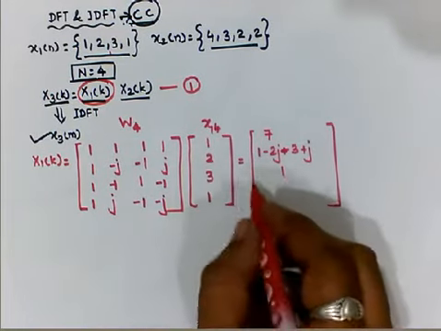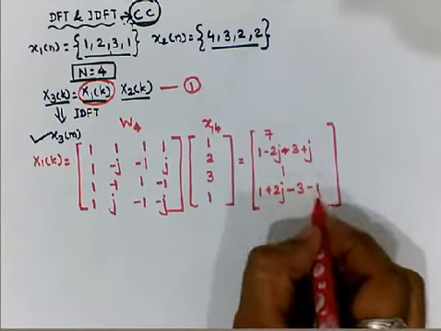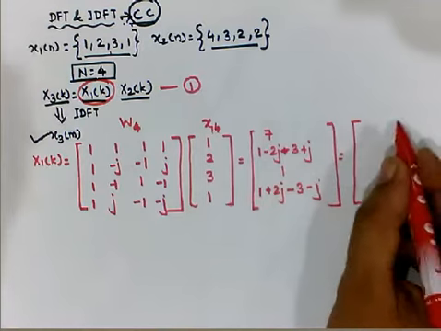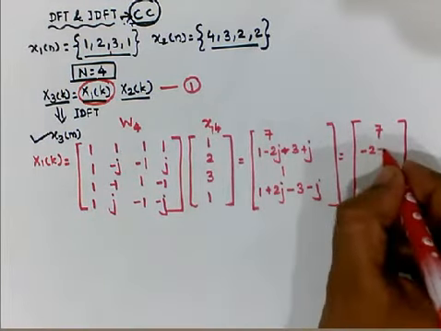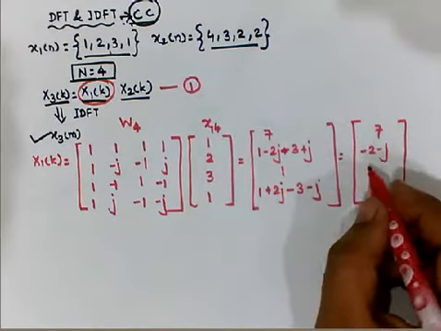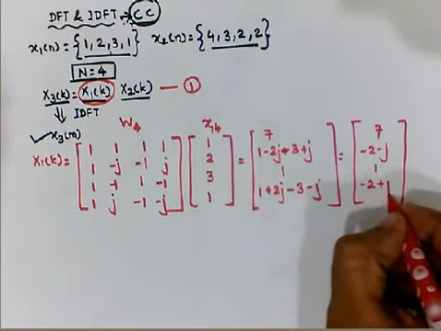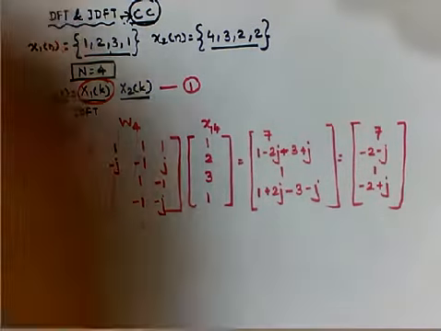So this results in the values 7, minus 2 minus j, 1, and lastly minus 2 plus j. So this is x1 of k.